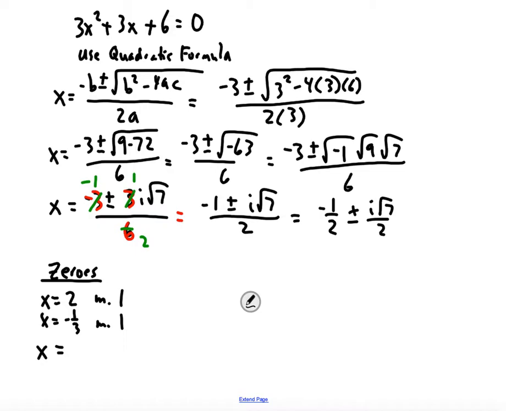So either one of those works. So the first one has 1, this has 1, and then this is 2, because it's -1/2 plus i root 7 over 2 and -1/2 minus i root 7 over 2. Each of those has a multiplicity of 1, but there are 2 answers in that, and then that third one there. So there we have them.